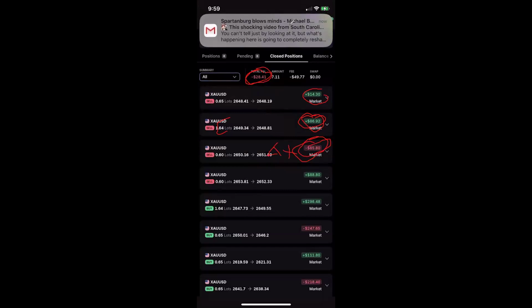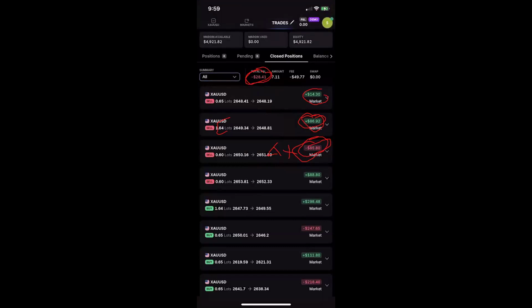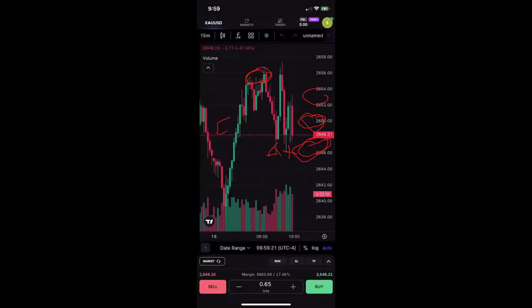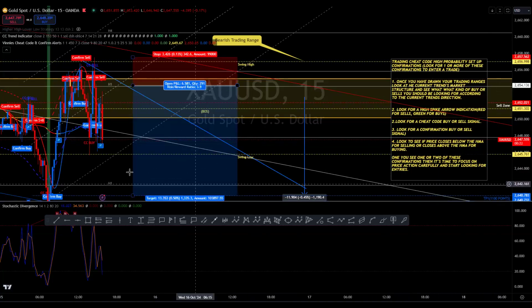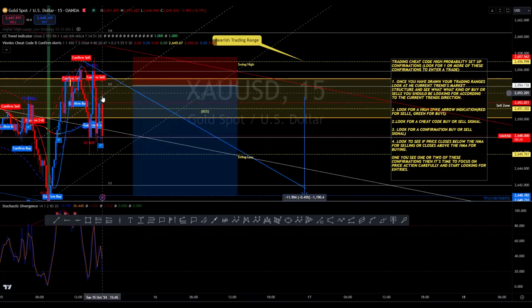Okay, let's go back to the screen here. I'm just curious what the next candle is going to do. We have a little over 20 seconds before the next candle closes.